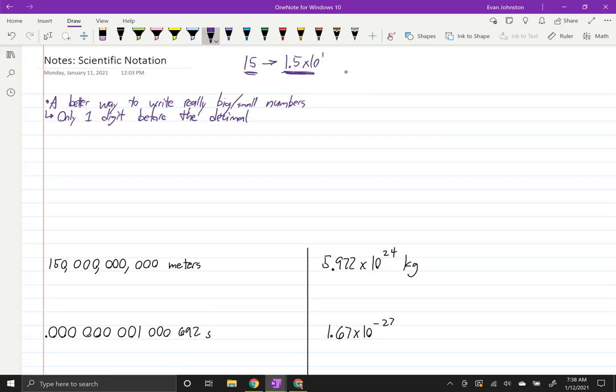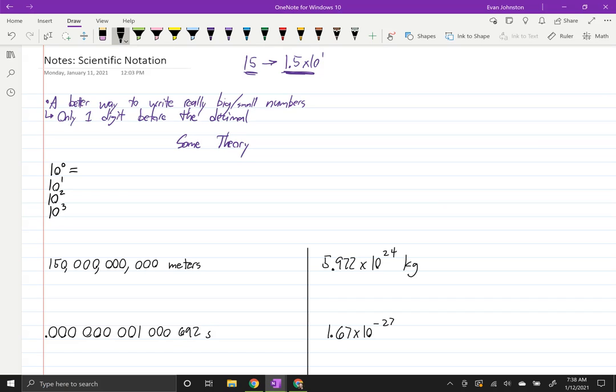So let's look at maybe a little theory first. I want to look at a couple different numbers here. I want to look at 10 to the 0, and we'll look at 10 to the 1, 10 to the 2, 10 to the 3.